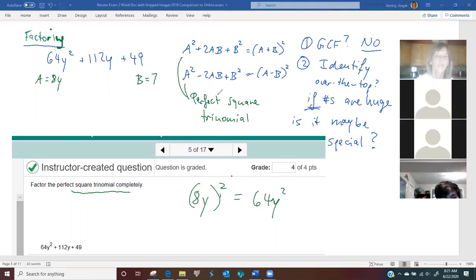So anyway, if it's a perfect square trinomial, do you see how this was something squared and this was something squared, and this in the middle is a times b doubled. So this is really what I ask now. This is something squared, true. This is something squared, true. And then I'm asking, is this 2ab, meaning a times b doubled?